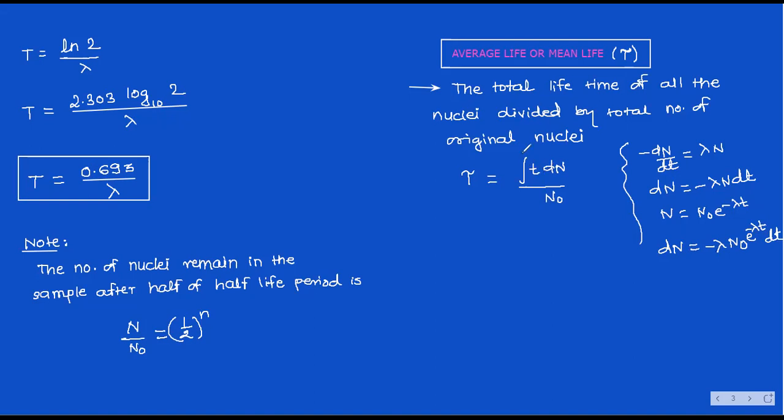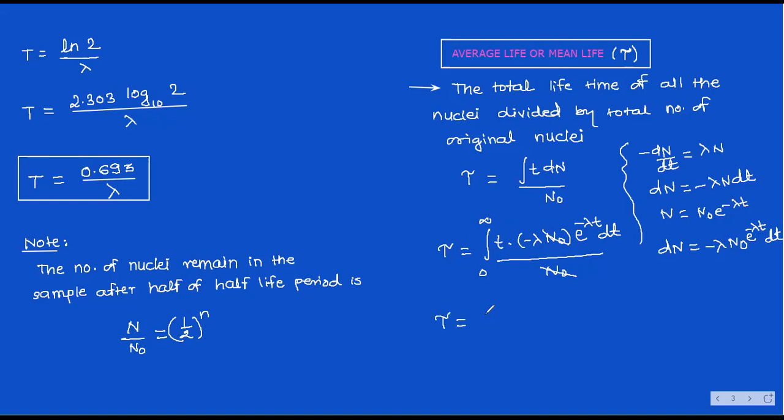Now let's substitute here. So what I am getting, this tau is equal to integration of t into minus lambda n naught e power minus lambda t into dt divided by n naught, and this integration from 0 to infinity. So this n naught and this n naught I am cancelling, and let's take lambda outside.